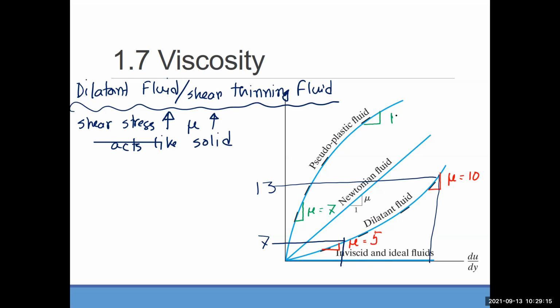Now what do you think? The number here, will it be less than 7 or greater than 7? It will be less than 7 because you are seeing the line is getting flatter, right? So maybe I will use 3. Every number is arbitrary here. Don't just think about how I'm getting this number.